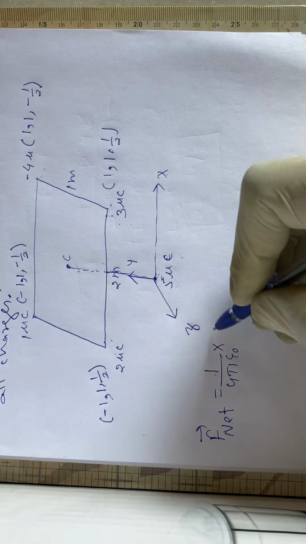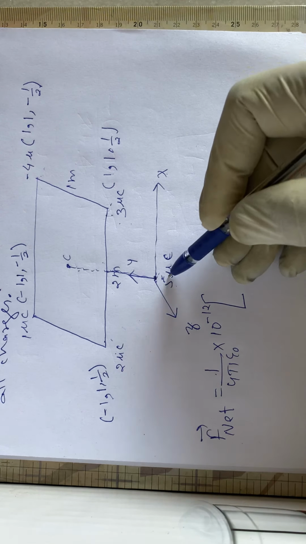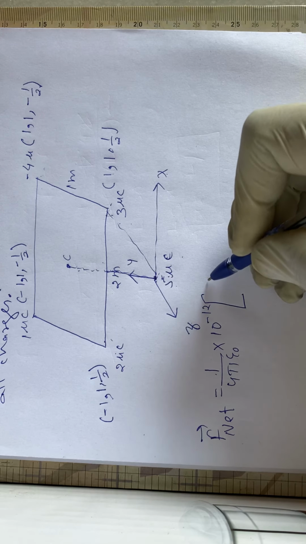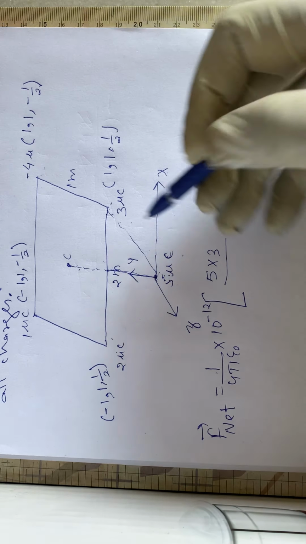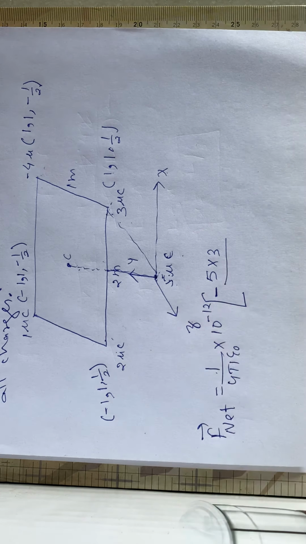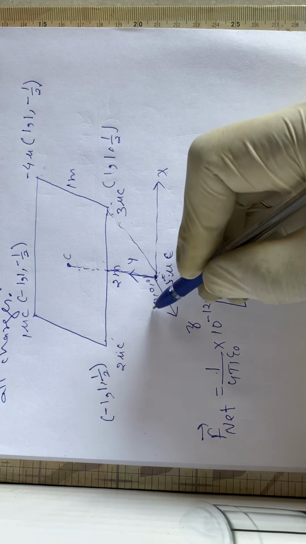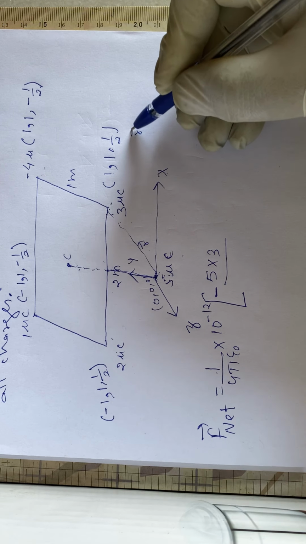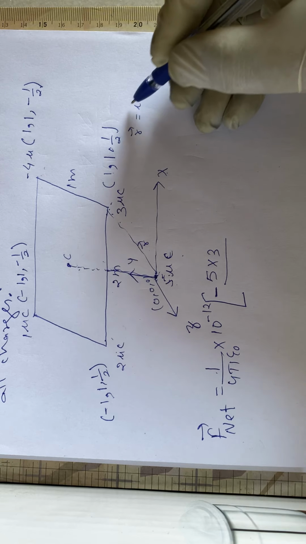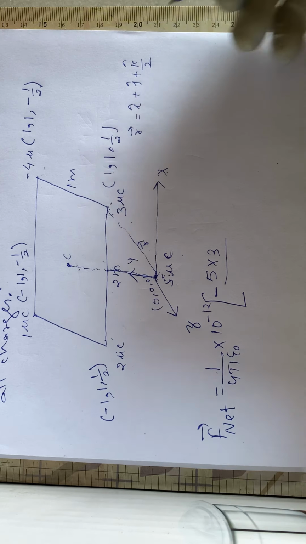The micro into micro product, which comes out to be 10 to the power minus 12, will be common. Now, the force between 5 and 3 would be 5 into 3, that's q1 q2. Because these two are positive, the force would be repulsive, so I'm using a negative sign. The distance from the 5 microcoulomb charge to the 3 microcoulomb charge, because this point is the origin, you can write this vector r to be equal to i cap plus j cap plus k cap upon 2.